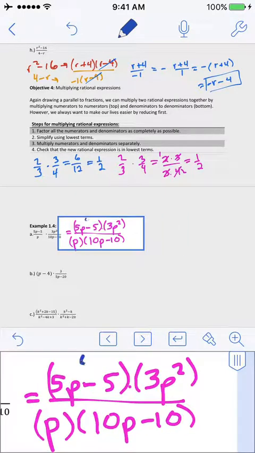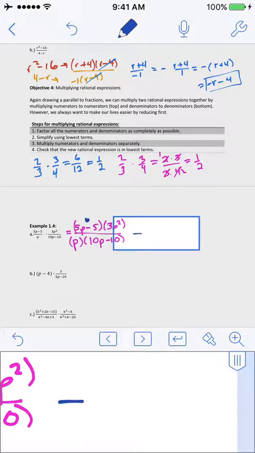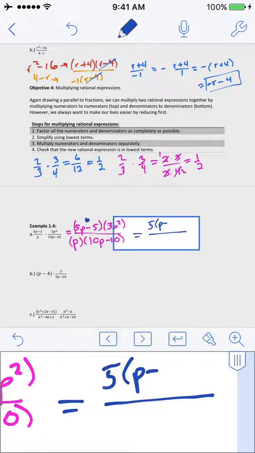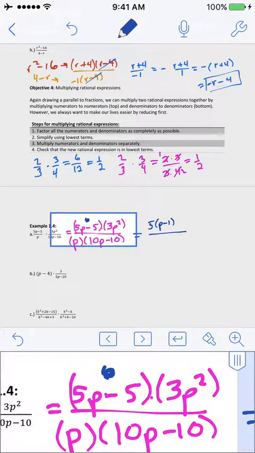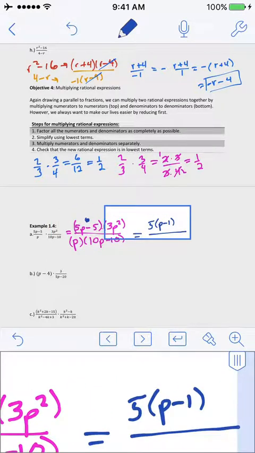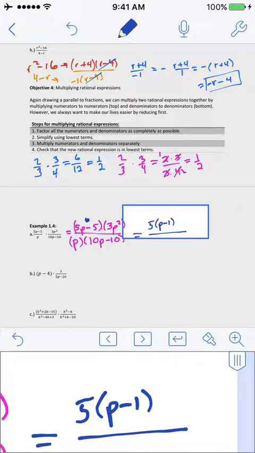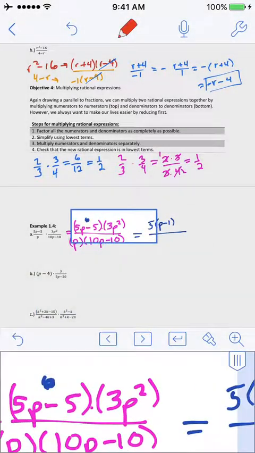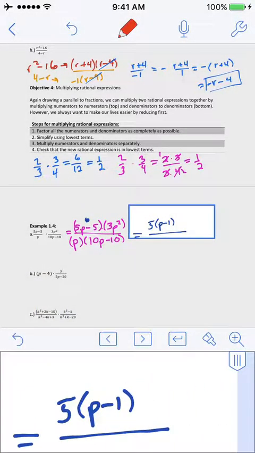So this is going to become 5 times p minus 1, right? So I take out a 5 from both. What's left over is a p minus 1. That's awesome. My other term in that numerator is a 3p squared, right? So that would be a 3 times p squared. I didn't really do anything to that one, but you're going to see it's going to come in handy if you separate those single terms into multiple parts.